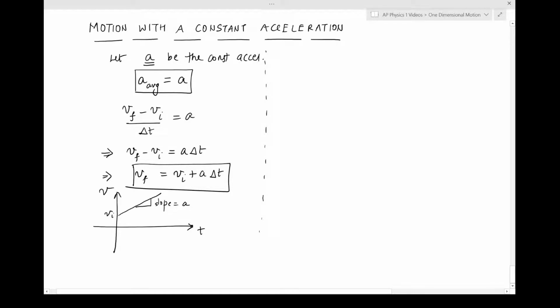What we know is, because the velocity changes in a linear fashion, and only because the velocity changes in a linear fashion, the average velocity also happens to be equal to the sum of the initial and the final velocities divided by 2.